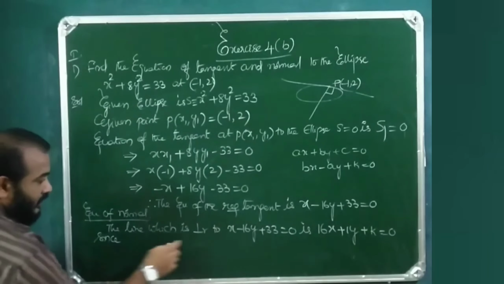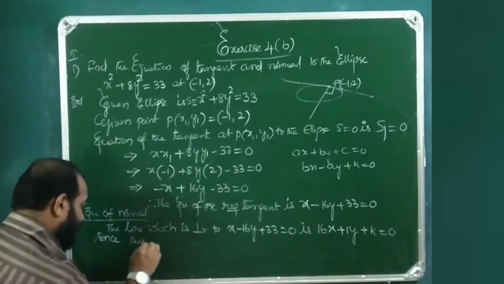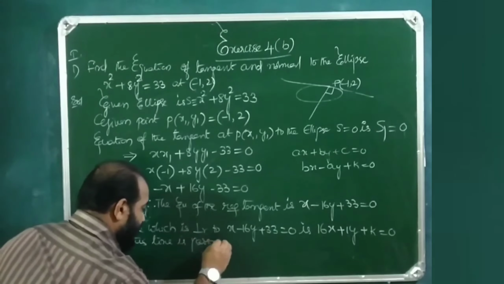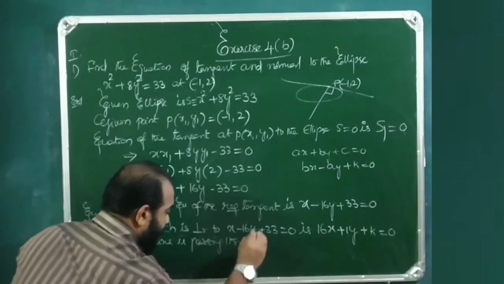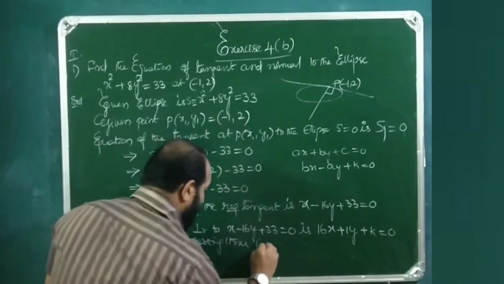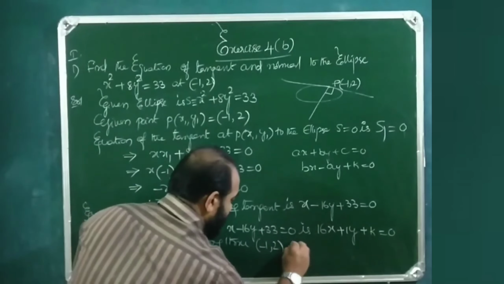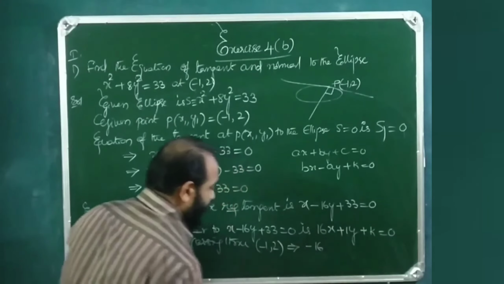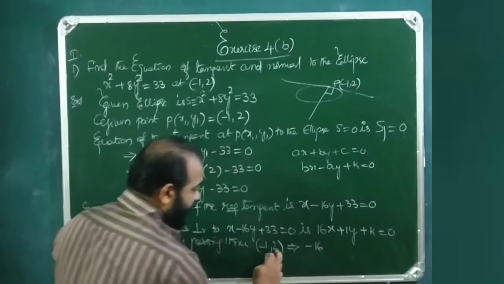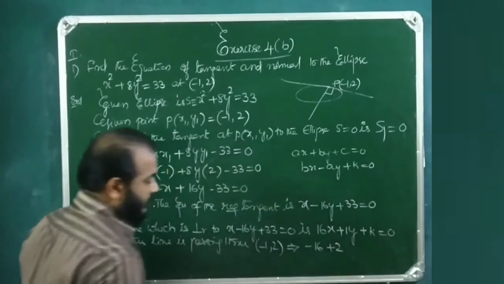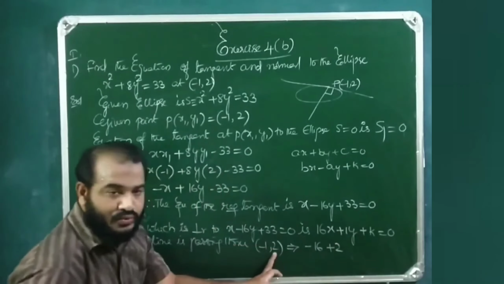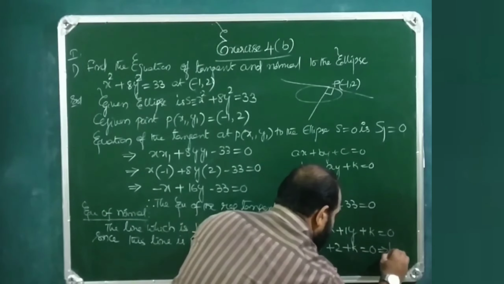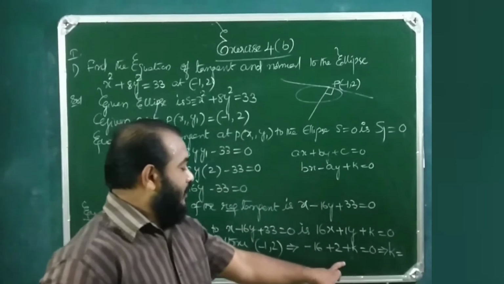Since this line is passing through (-1, 2), substitute: 16 into -1 is -16, plus 1 into y, which is 2, plus k equals 0. So from this, k equals -16 plus 2, which is -14.